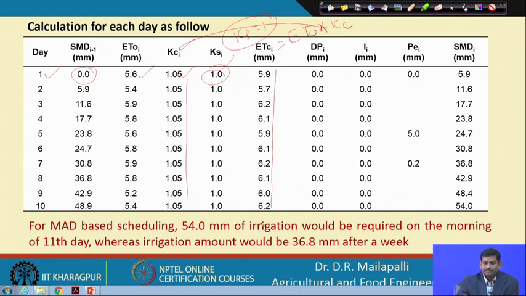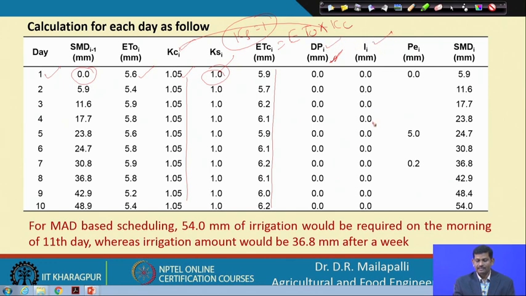Then DP, the deep percolation, is assumed as 0, I mean this is already given as 0.